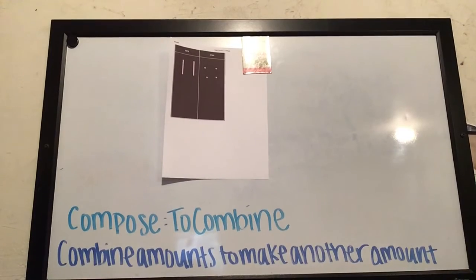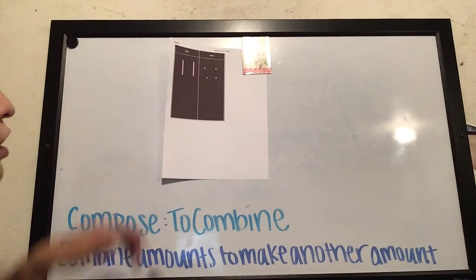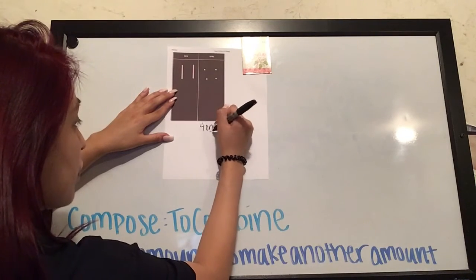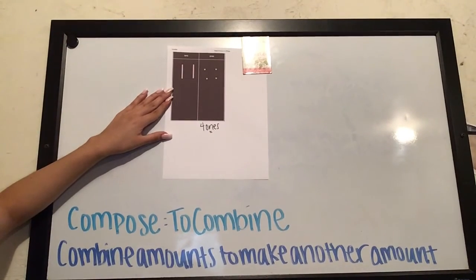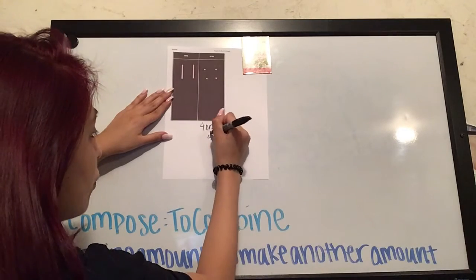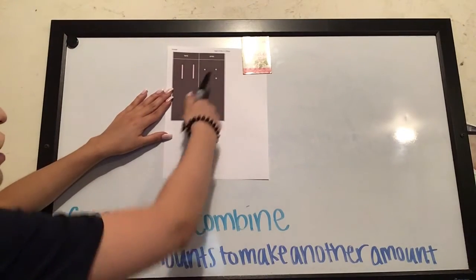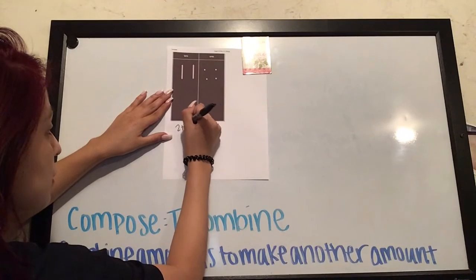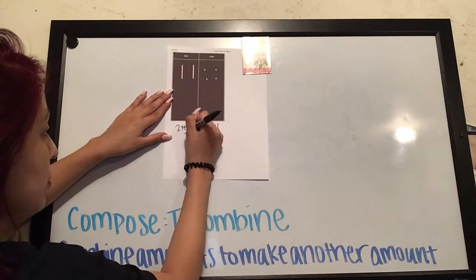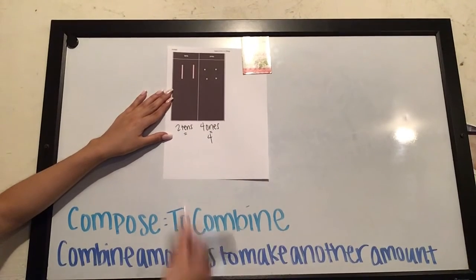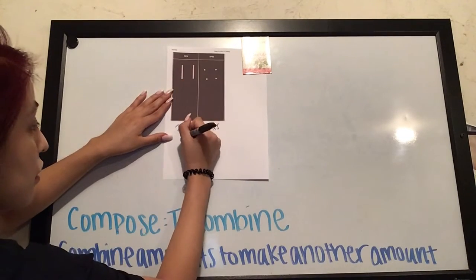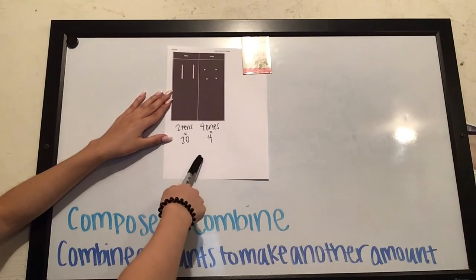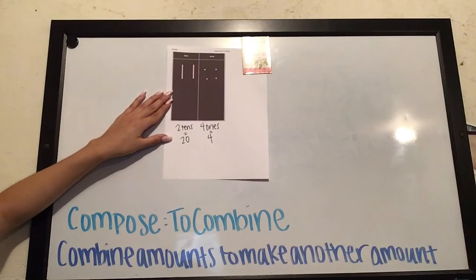Okay, so for this one, how many ones do we have? We have 4 ones. What's the number of ones that we have? We have 4, because each one is a unit. How many tens do we have? We have 2 tens. 2 tens equals what? 10, 20. 2 tens equals 20. So what is the total number that we have when we combine them?